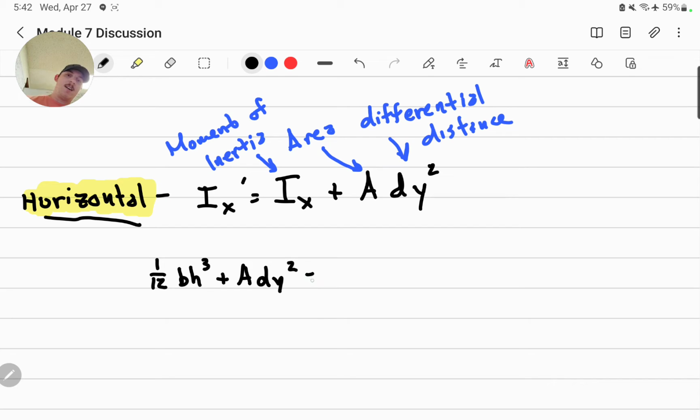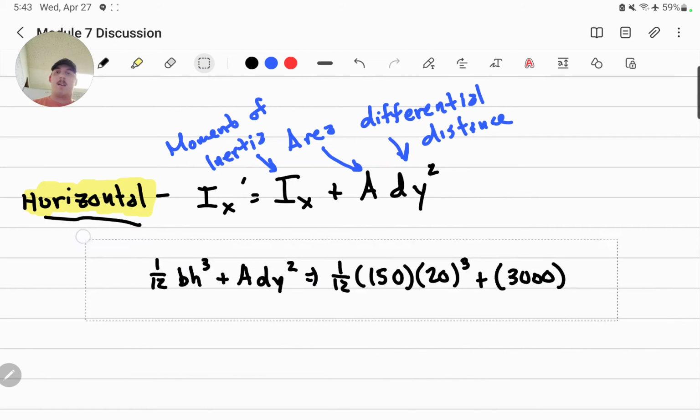So I'm going to plug in my numbers, my base and height for my horizontal beam. 1 over 12 times the base, 150 millimeters, and the height, 20 millimeters cubed. Don't forget that. Plus the area, 3,000 millimeters squared, times my differential distance squared.